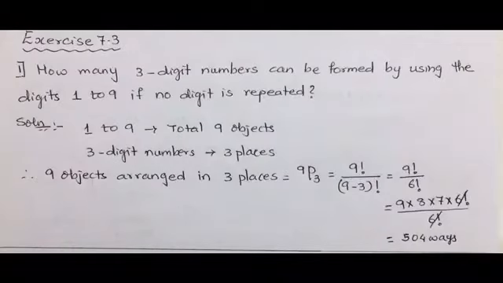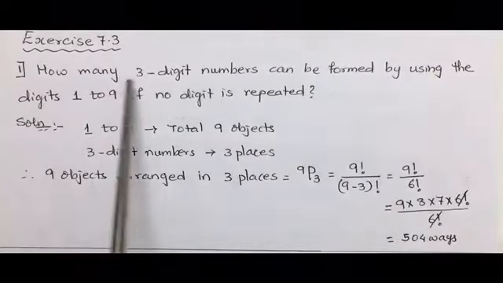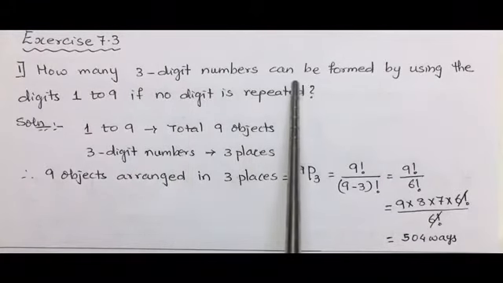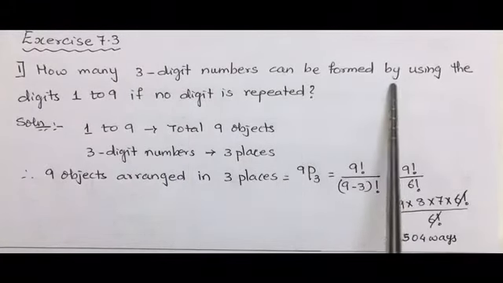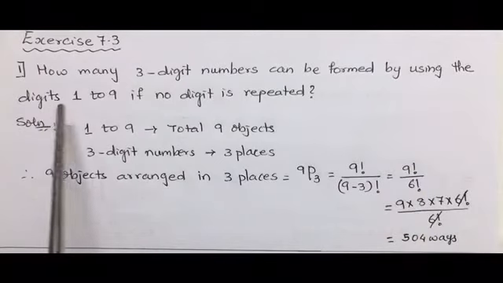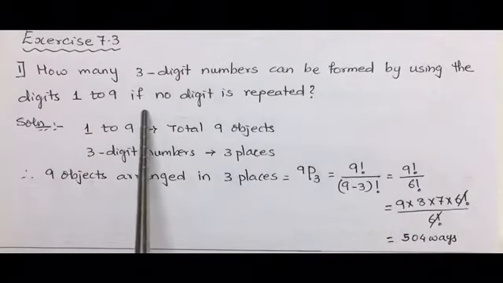Exercise 7.3, which is based on the permutations formula as well as the fundamental principle of counting. The first example is how many 3-digit numbers can be formed by using the digits 1 to 9 if no digit is repeated.